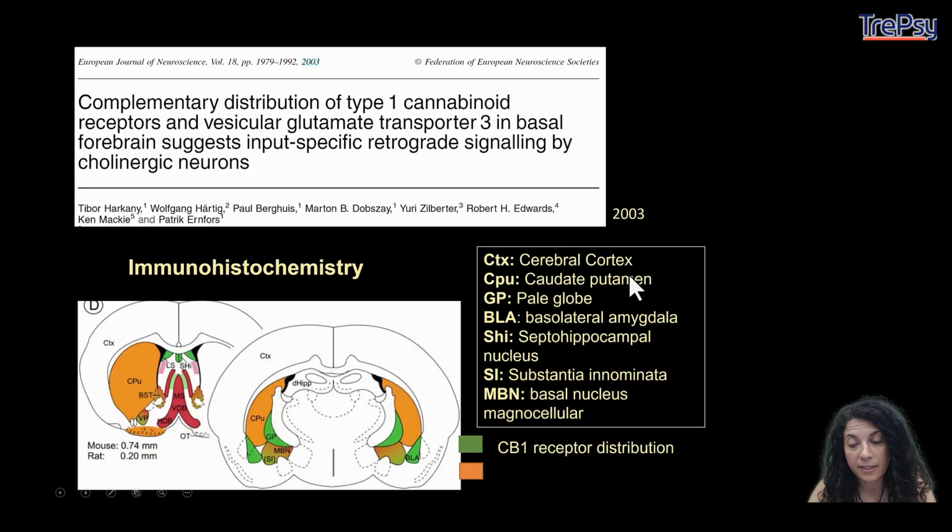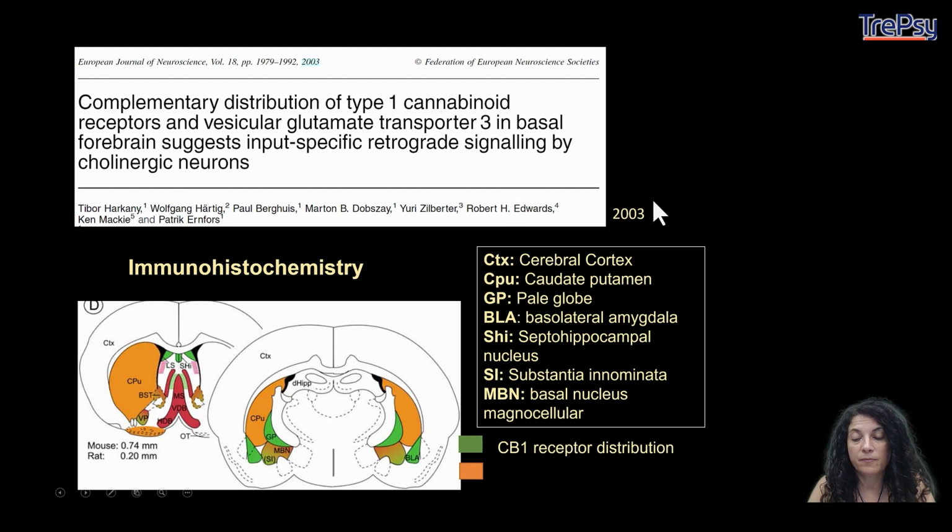And finally, in 2003, an article from Harkany, by immunohistochemistry, identified the different regions where I can see the cannabinoid receptor and the glutamate transporter 3 overlap.